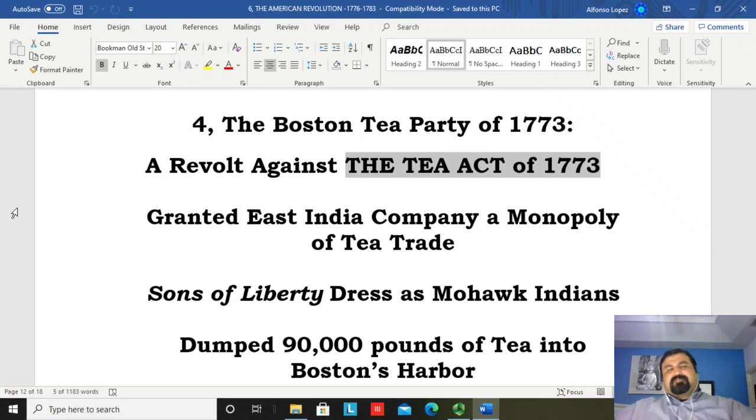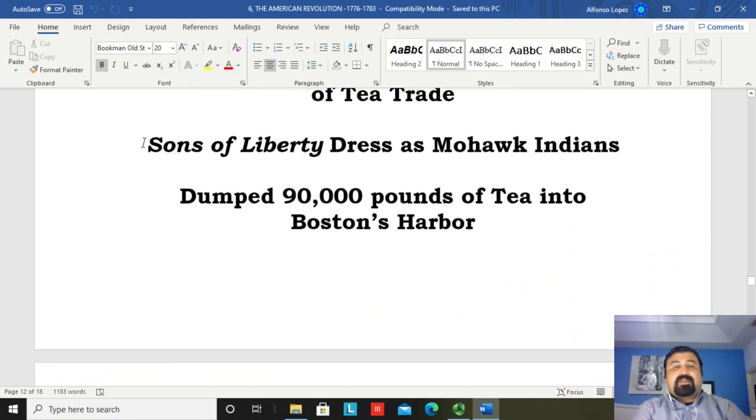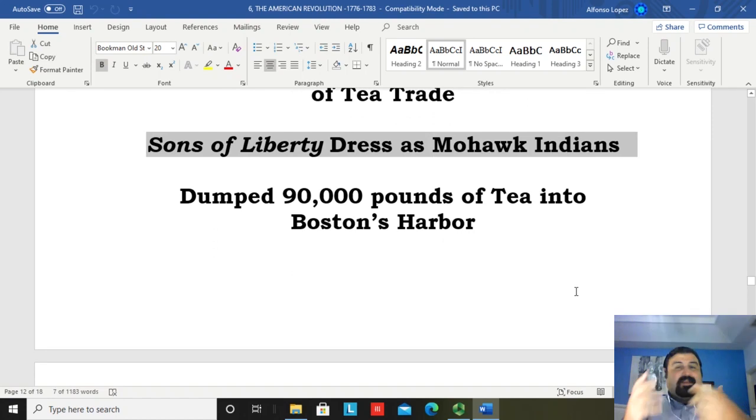So one night, the Sons of Liberty decided to put an end to this situation by dressing as Mohawk Indians. Those are the indigenous groups of New York, by the way.